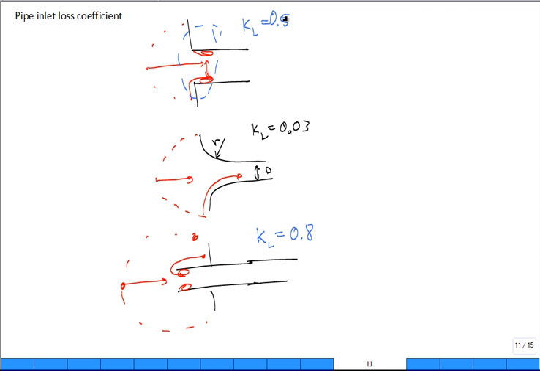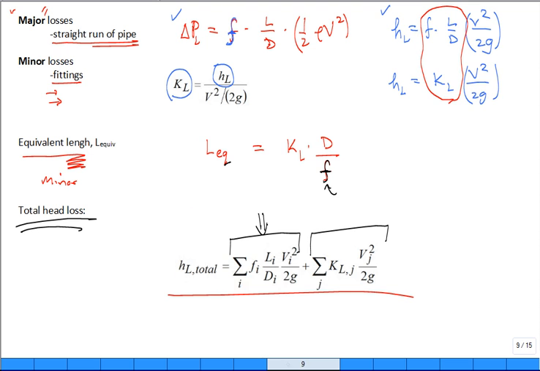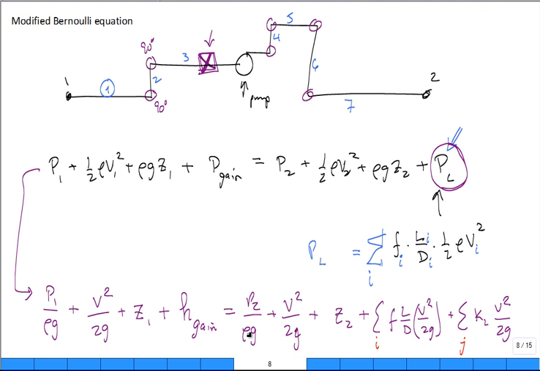One thing I forgot to mention about the Bernoulli equation is a lot of times when you went from along a streamline to in a pipe, they would put an alpha right there, an alpha right there, an alpha right there, an alpha right there. What are those alphas?